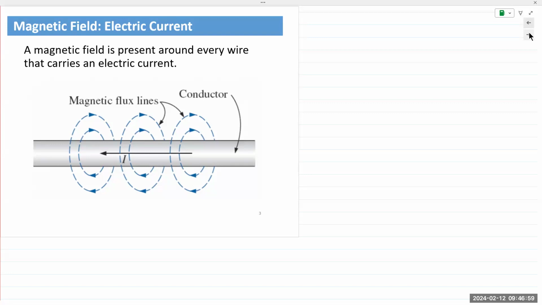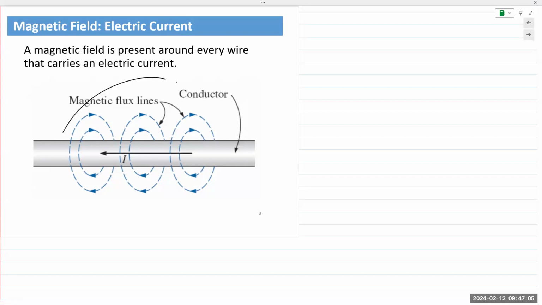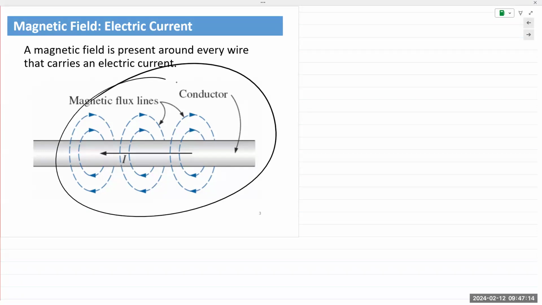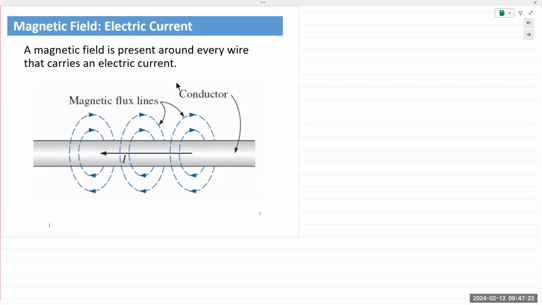Again, a current carrying conductor will always have a magnetic field present around it. Even without a current, it has some inherent inductance, but when a current passes through it, a magnetic field is established. The magnetic field can be described as the magnetic flux lines that pass around that conductor in a loop, and it's given by the right-hand rule.